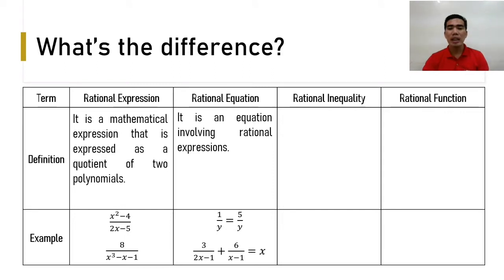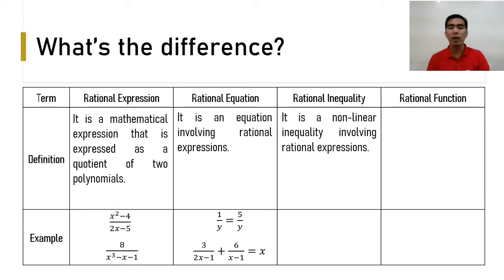Now, what are rational inequalities? A rational inequality is a nonlinear inequality involving rational expressions. Since a rational equation finds the equivalent or equal value of the variable, inequalities deal with inequality symbols. So we find the values where there is more than one answer, maybe in interval form or range form.